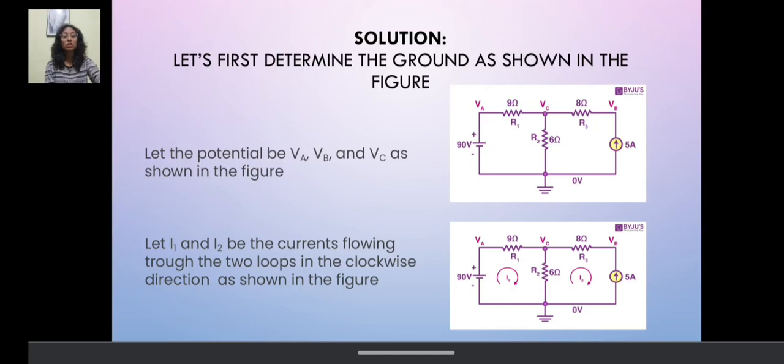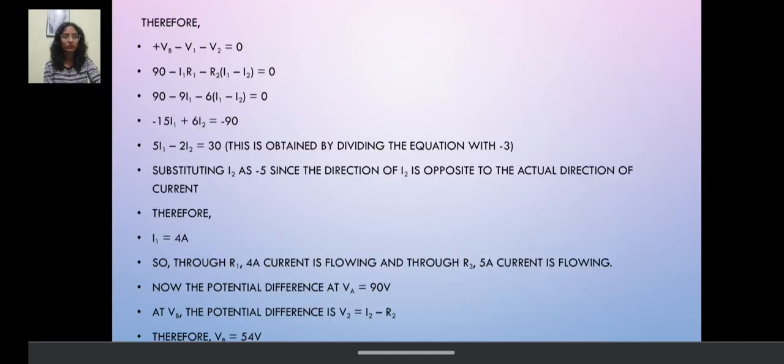For the solution to example 1, let's first determine the ground as shown in the figure. Let the potentials be VA, VB and VC as shown in the figure. Let I1 and I2 be the currents flowing through the two loops in the clockwise direction as shown in the figure. And this is the diagram respectively. Therefore, VB minus V1 minus V2 is equal to 0.